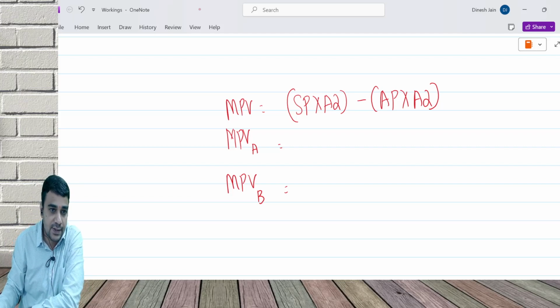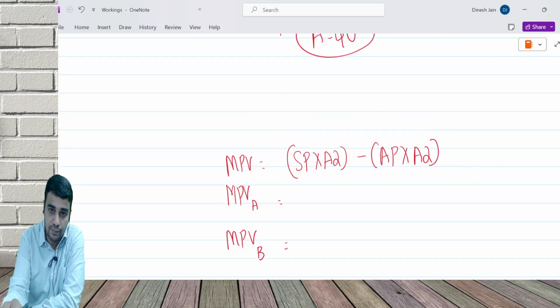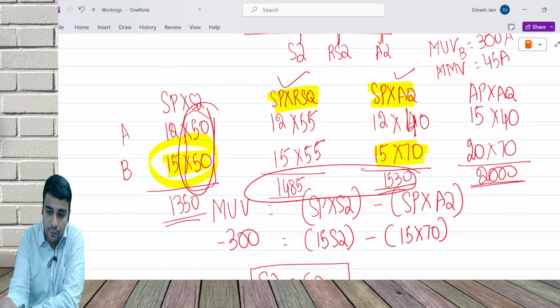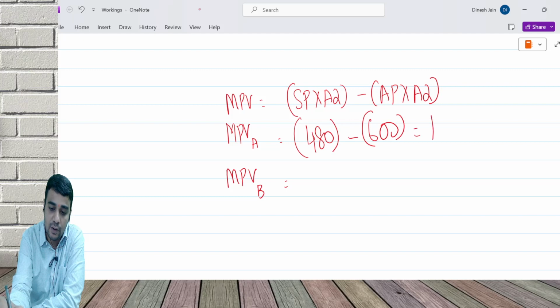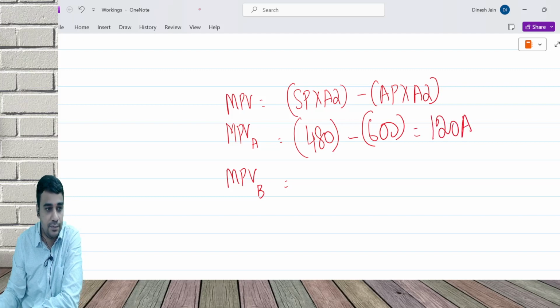What is the SP into AQ of material A alone? 480, and AP into AQ of A, 480 minus 600, 120 adverse.